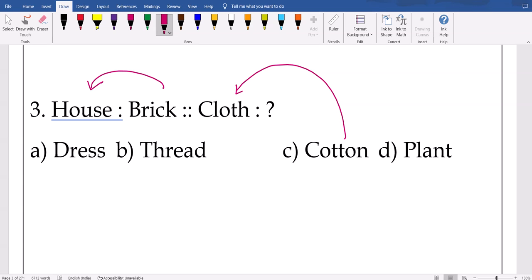From brick, house; from cotton, cloth. If you want to go further then before brick, sand is also there, then you need to move in that way, right? So they're not going from sand to brick. Already brick is there: from brick, house. Similarly for cloth, the better one is cotton. From cotton, cloth, the best suitable pair. Okay, some people say dress, that is not okay. These two are out, but people have a confusion between thread and cotton. Cotton is suitable here.